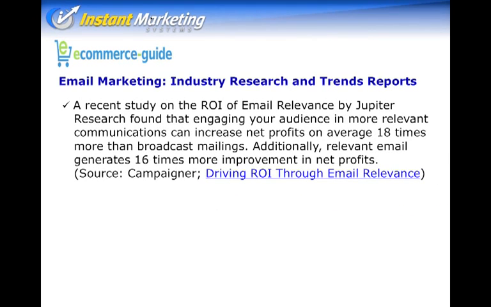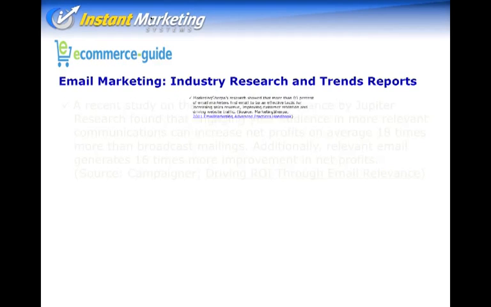A recent study of the ROI on email relevance by Jupiter Research found that engaging your audience in more relevant communications, and what we said, informative, relevant, and fun, can increase net profits an average of 18 times more than broadcast mailings. Additionally, relevant email generates 16 times more improvement in net profits.